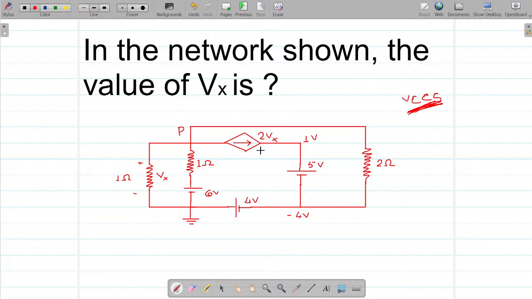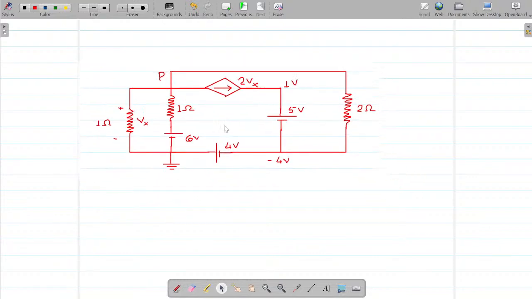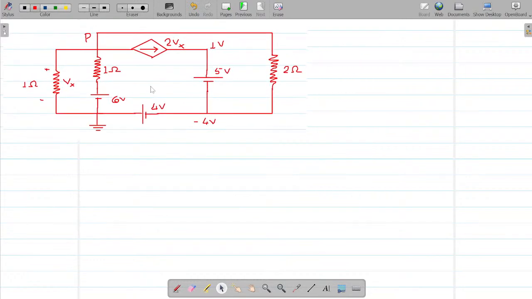So let's approach the question now. We see a lot of nodes here, right?